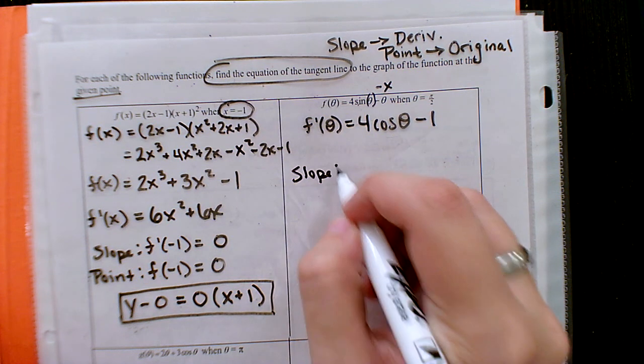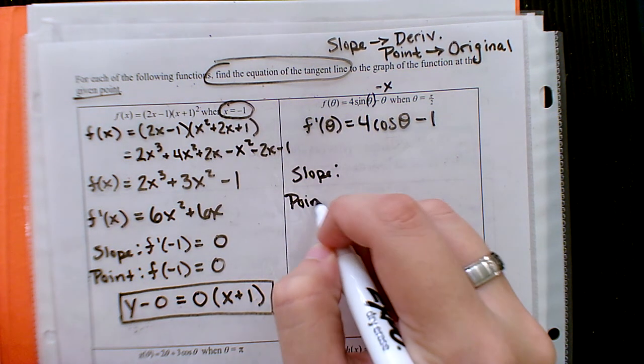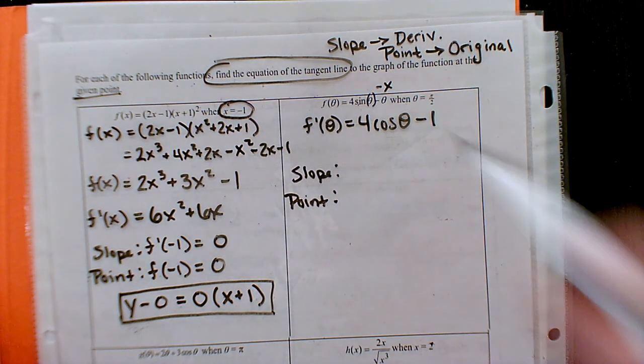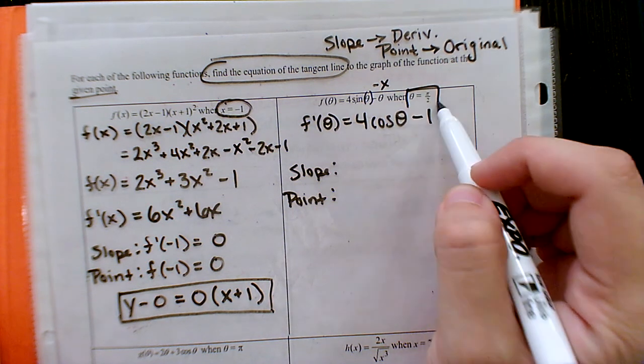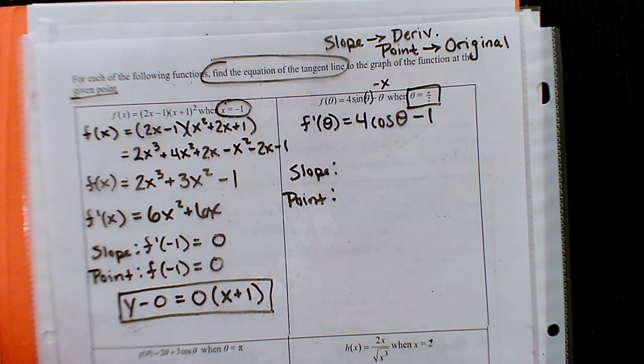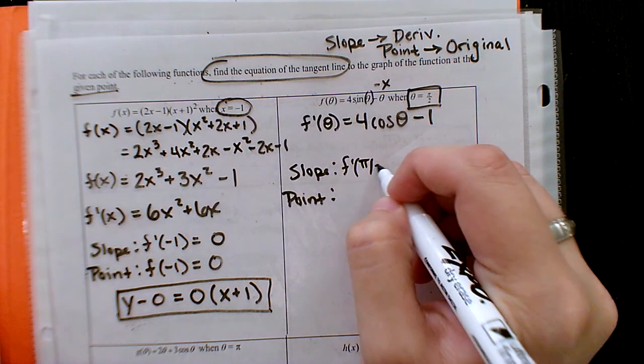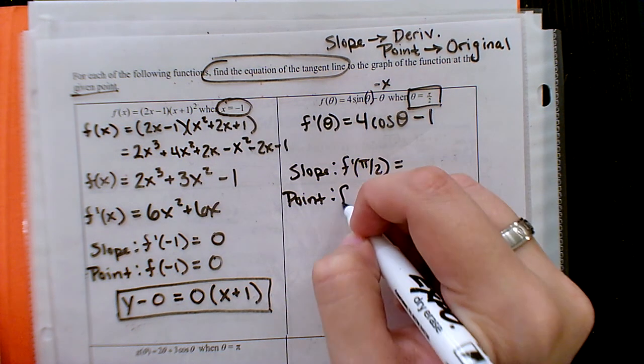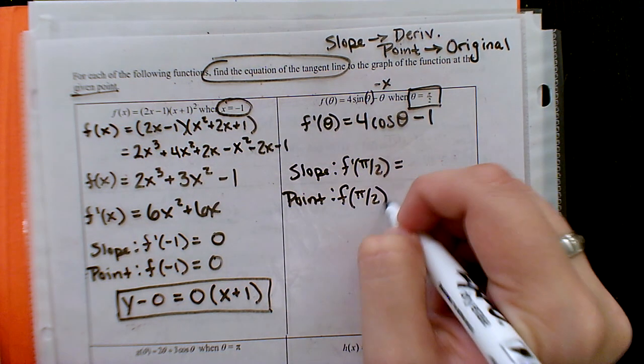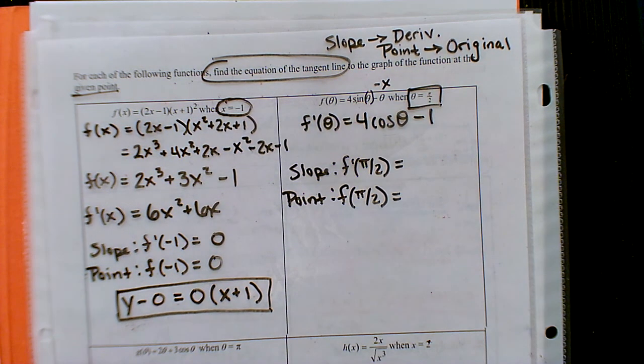Let's figure out those slope and point values to write our equation. Our particular tangent location here is pi over 2. We're going to have to plug in pi over 2 into the derivative as well as the original.